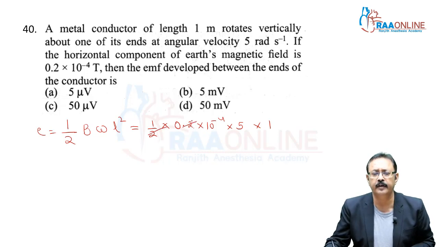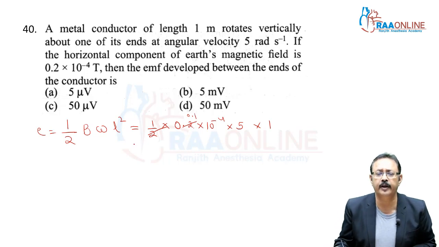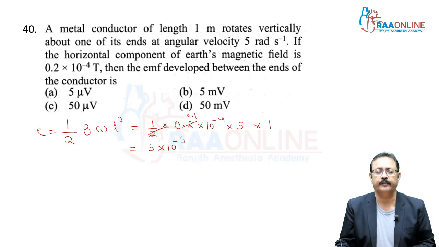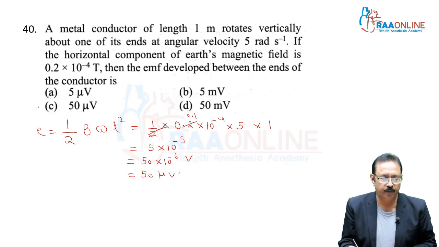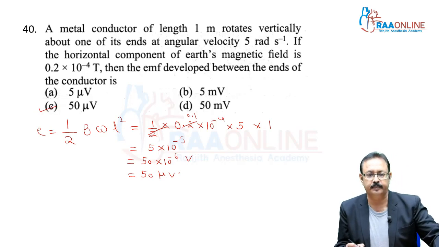It is 0.1. 0.1 into minus 4, 5 into 10 to the power minus 4 and minus 1, minus 5. Or you can write 50 into 10 to the power minus 6. We are doing in SI unit, minus 6 means micro. So 50 microvolt is answer. So we are going with option C.